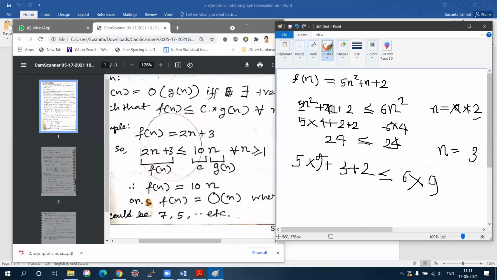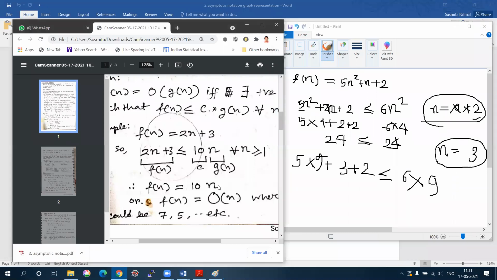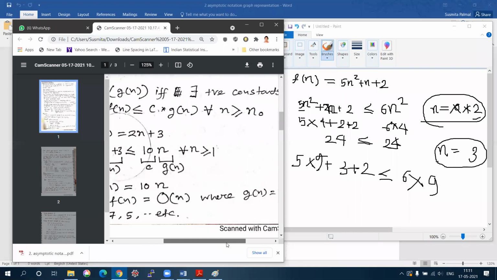Definitely this is working. So the value of n0 is 2, because it is written here: for all n greater than or equal to n0.